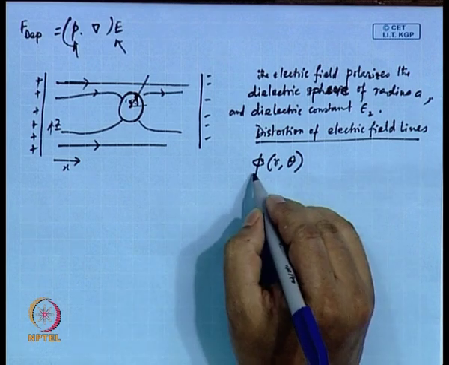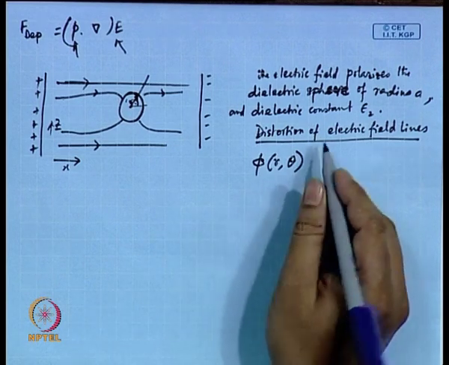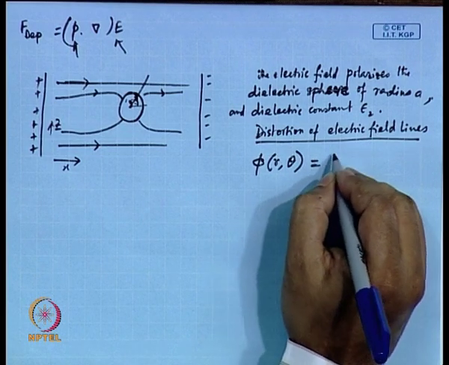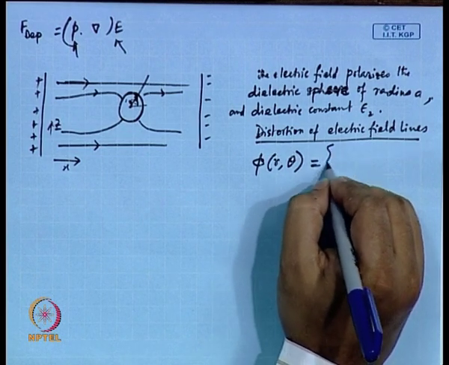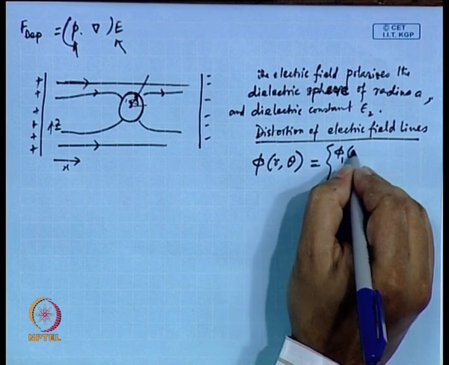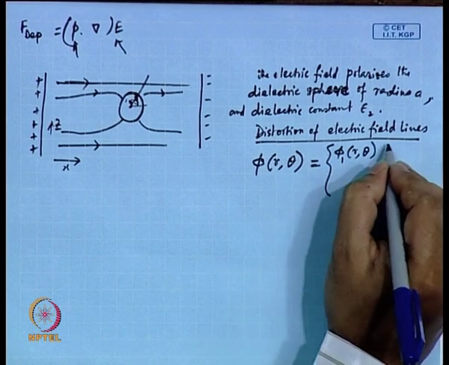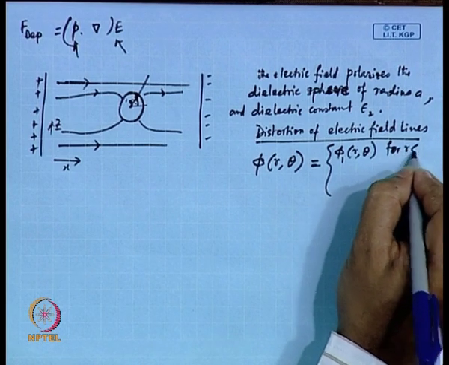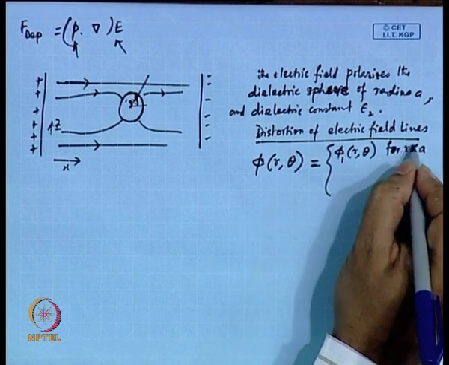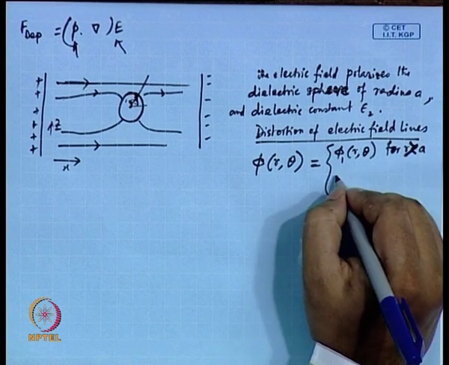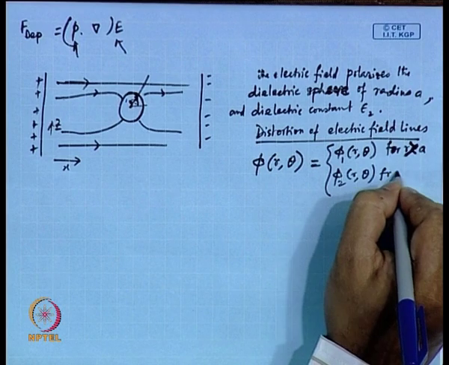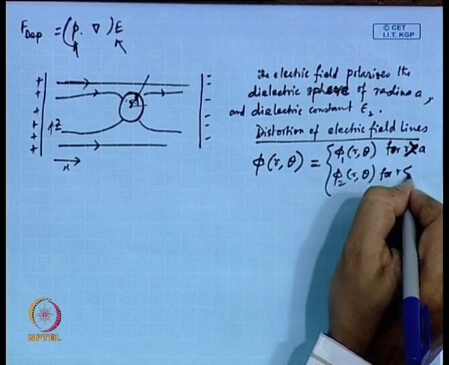So, if we go to this phi r theta coordinate system, we have to note that this would be equal to phi 1 r theta for r greater than a, and phi 2 r theta for r less than a.